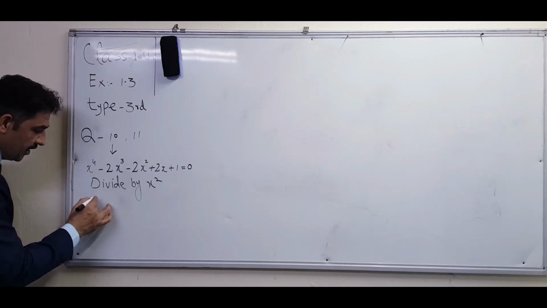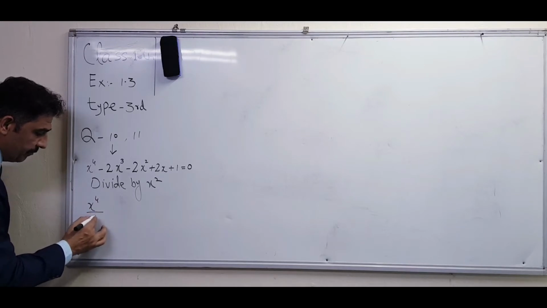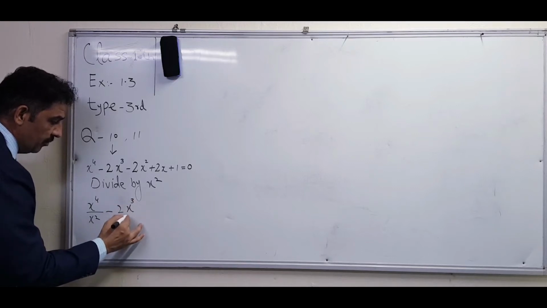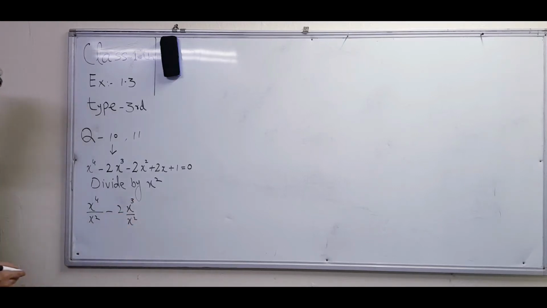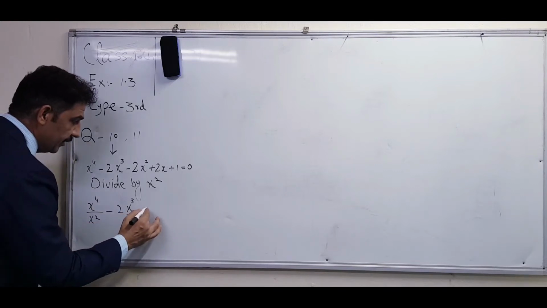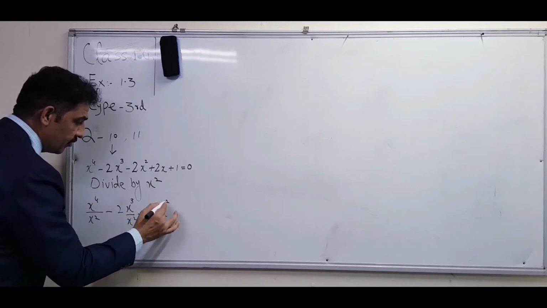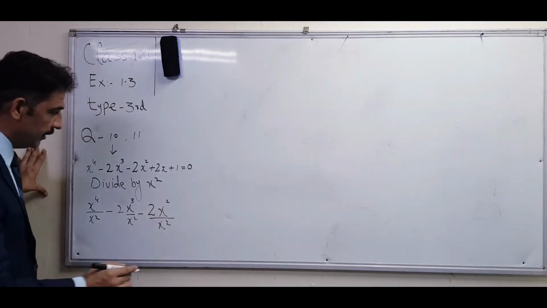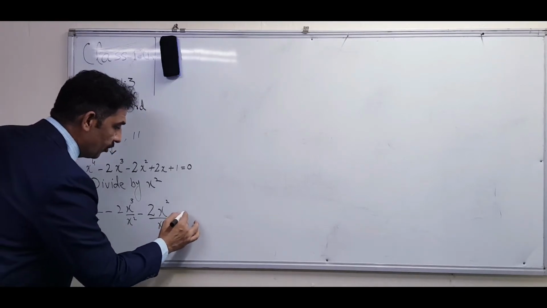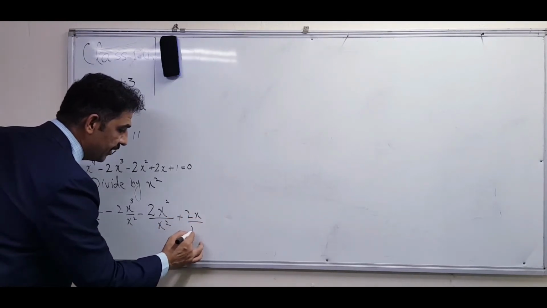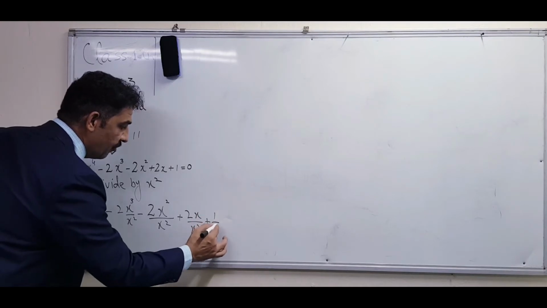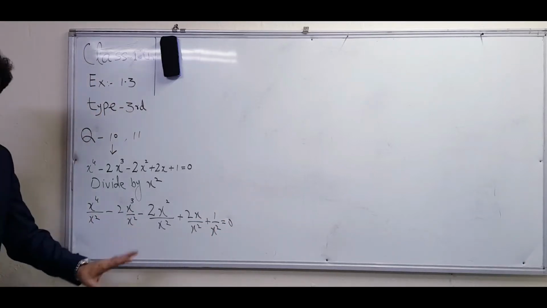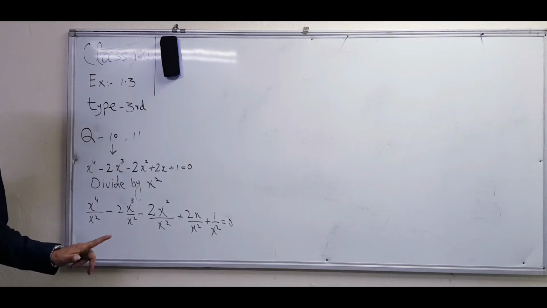The first term x^4, divided by x square, minus 2x cube, also divided by x square, minus 2x square, also divided by x square, and plus 2x, also divided by x square, and plus 1 over x square is equal to 0. So all the terms are divided by x square, that is the first step.